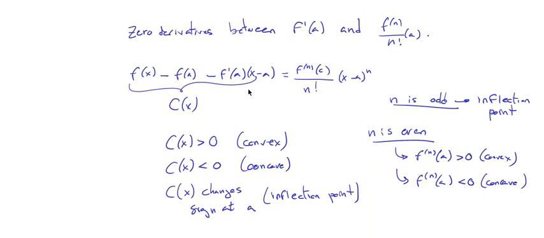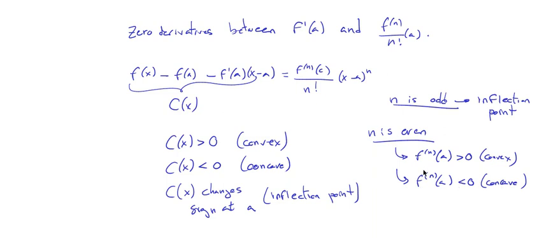That's what we know. So it's going to be a convex extremum or a concave extremum. So a convex extremum is a minimum, and a concave extremum is a maximum, right?